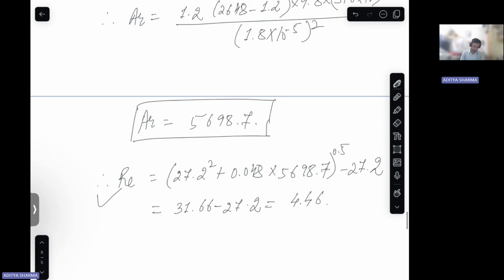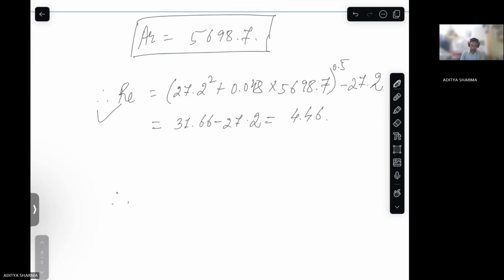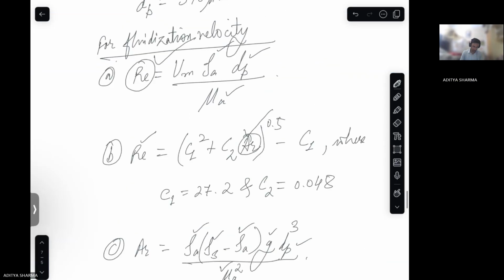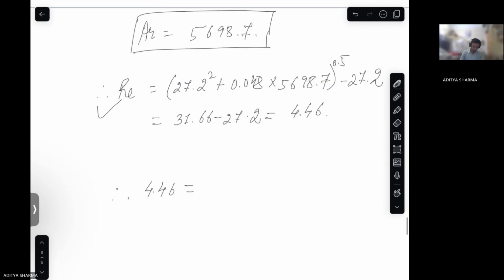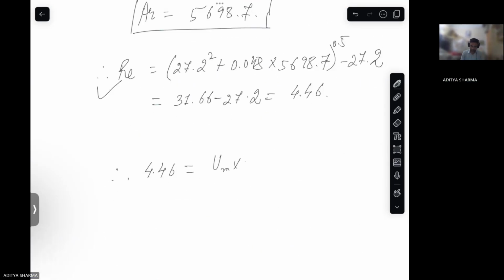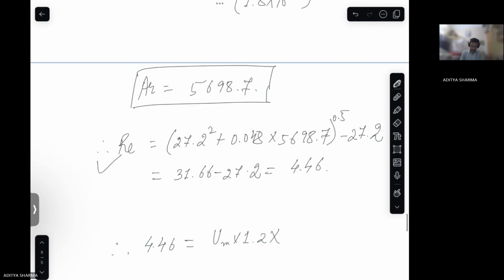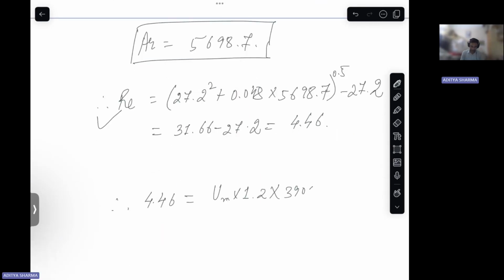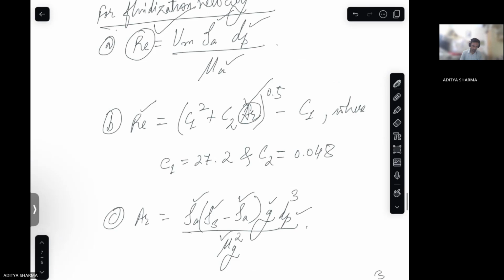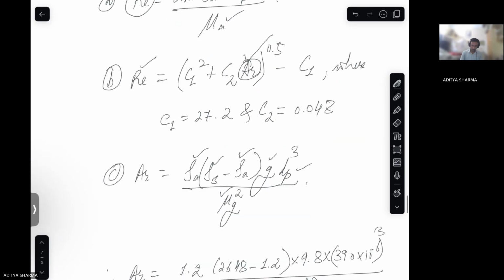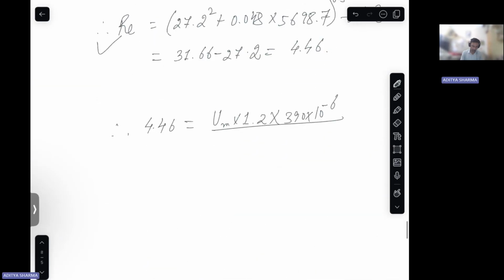Now we can calculate. 4.46 equals Um times 1.2 into dp, 390 into 10 raised to the power minus 6, divided by 1.8 into 10 raised to the power minus 5.